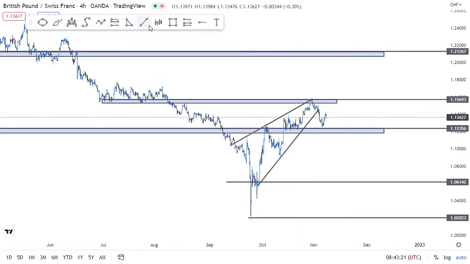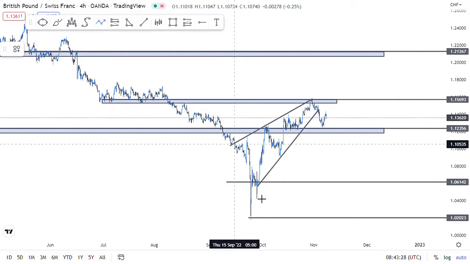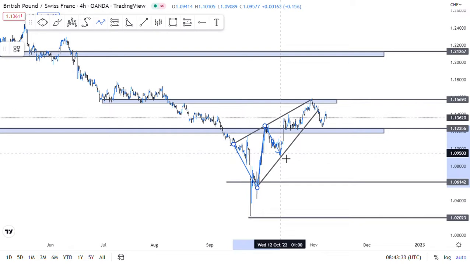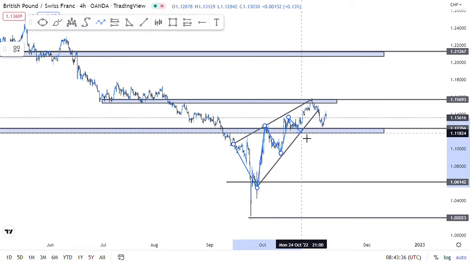Then what am I expecting on GBPCHF? You can see this is a rising wedge, and you know a rising wedge results in a sell.